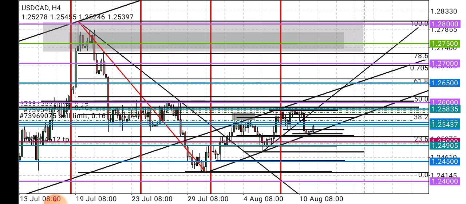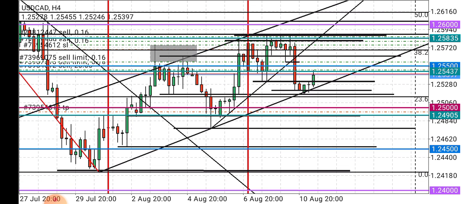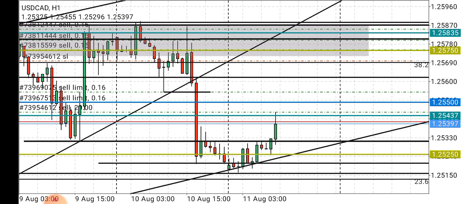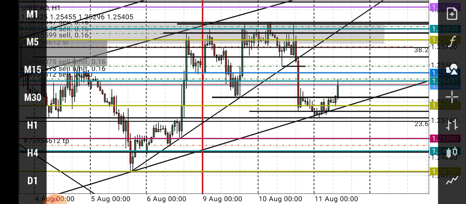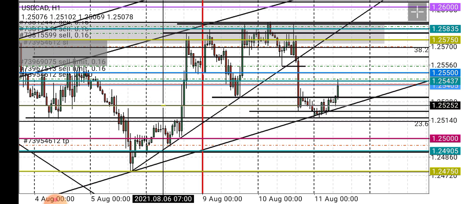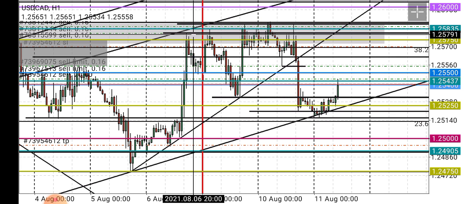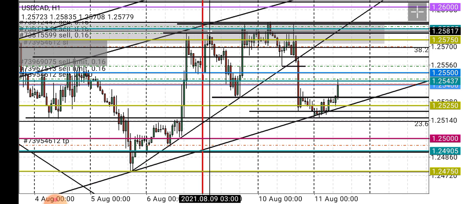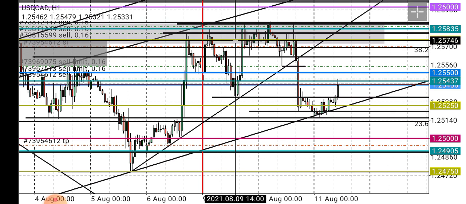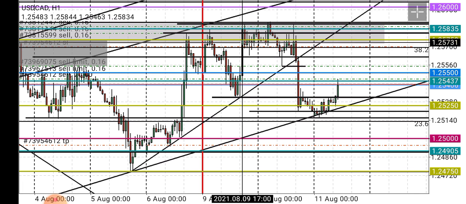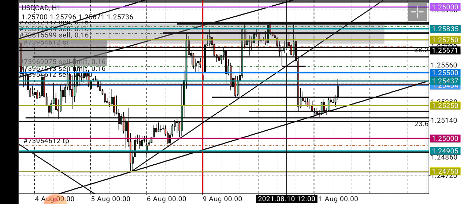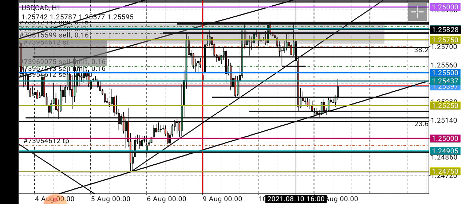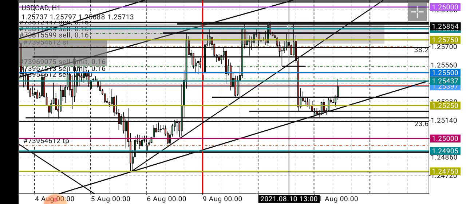Now, if we go to the 1-hour chart, we can see everything that has been said from the daily chart. Last week's high, and when the market resumed this week, Monday created a high and Tuesday created a high. By Tuesday, I already had some sell limits, which were triggered.